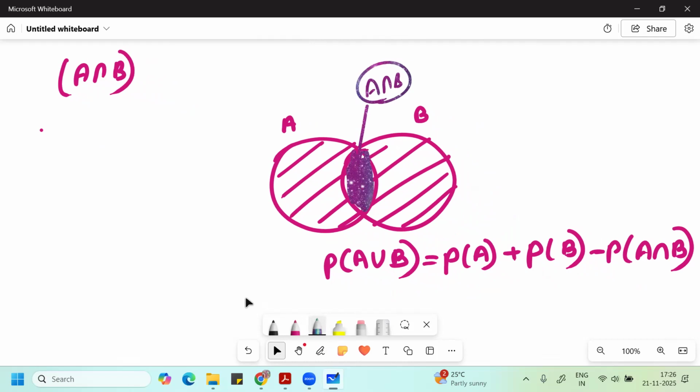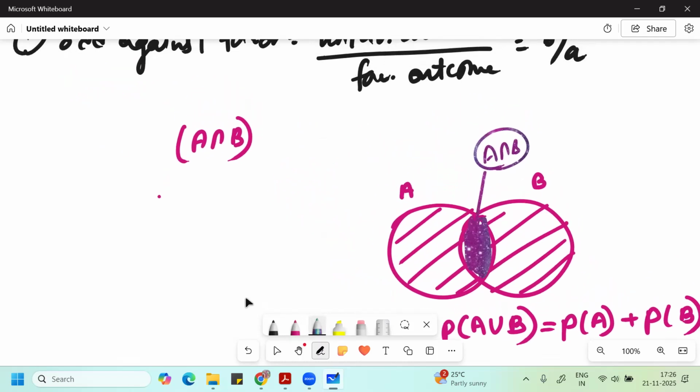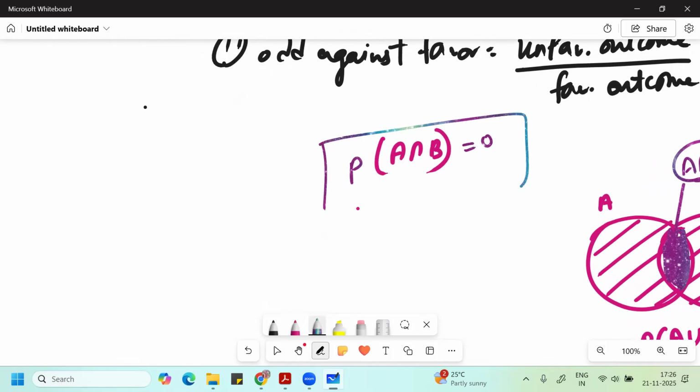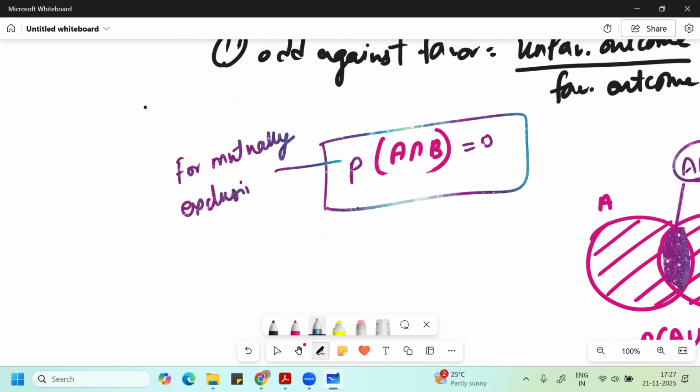Whenever we talk about mutually exclusive events, remember this: for mutually exclusive events, probability of A intersection B is equal to zero.